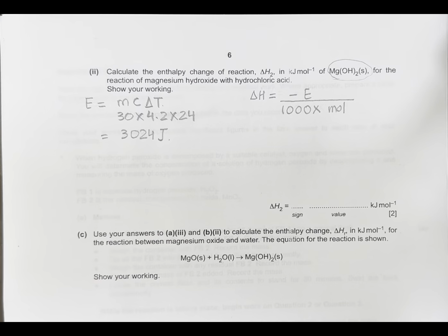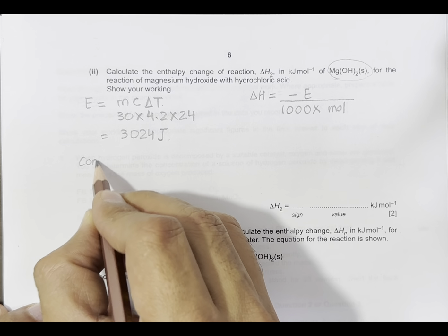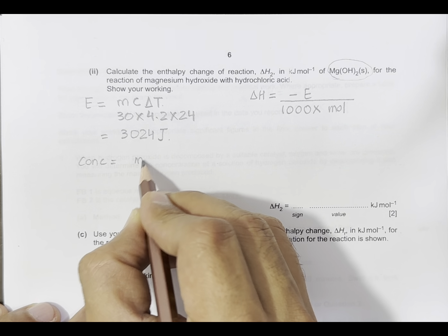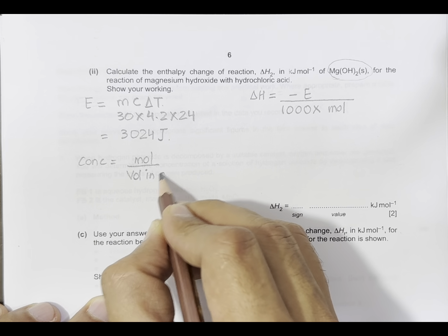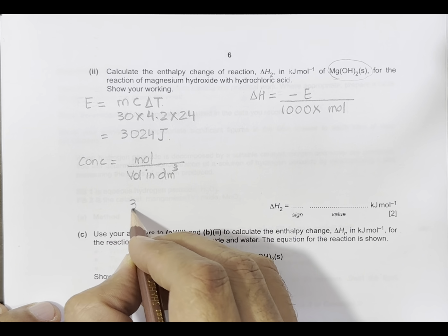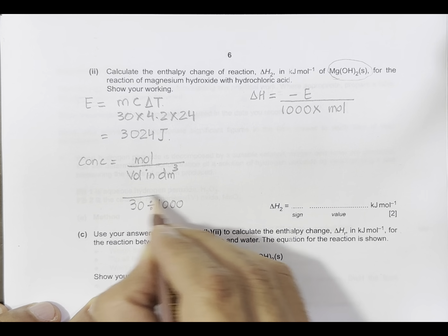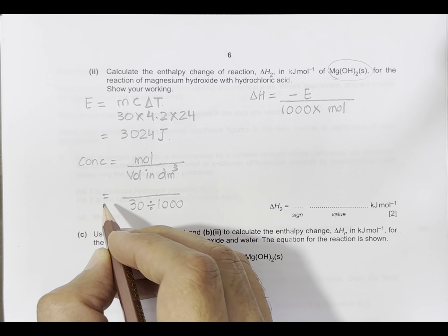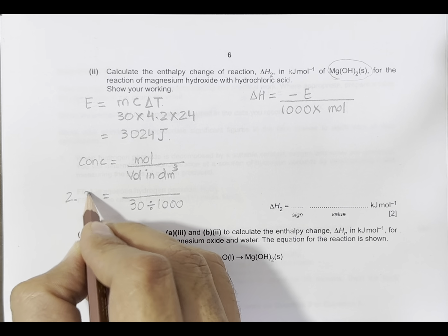So the formula of moles is: concentration equals amount in moles upon volume in dm³. Now the volume we have taken was 30 cm³, so divided by 1000, and the concentration we have seen was 2 moles per dm³, so 2.0.